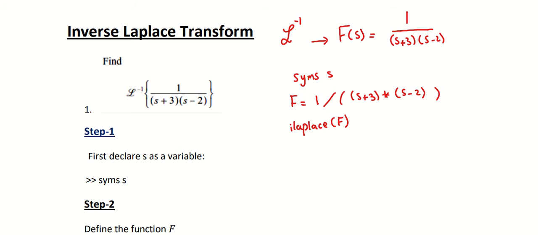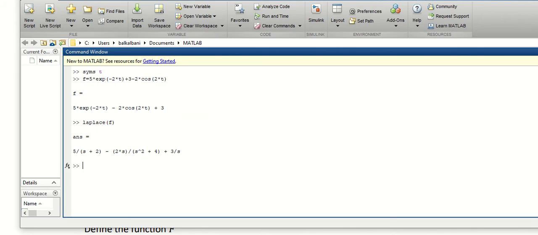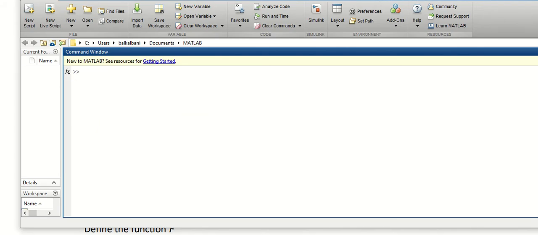After that, enter. So let me use MATLAB to find the answer. We have to define the variable. We have to write SYMS space S because the variable is S. Then F capital is equal to 1 over, and the denominator should be in a bracket.